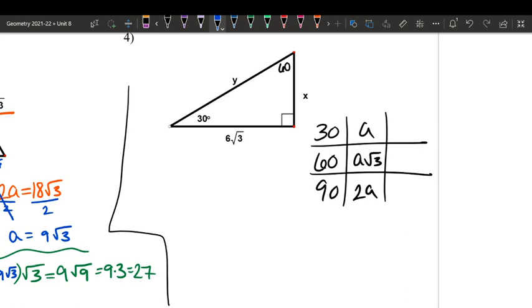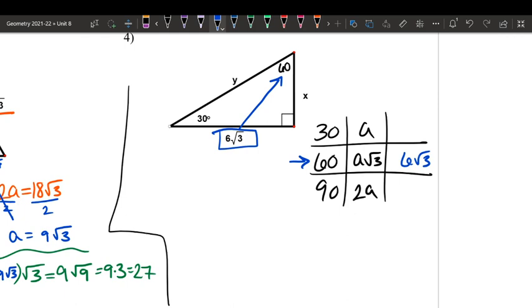And look for a starting point. I'm given 6 times the square root of 3 as the length of the long leg of the triangle. It is across from 60 degrees. So I go to my table to the 60 degrees and fill in 6 square root of 3.